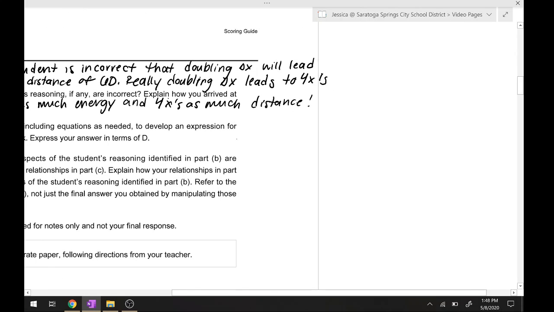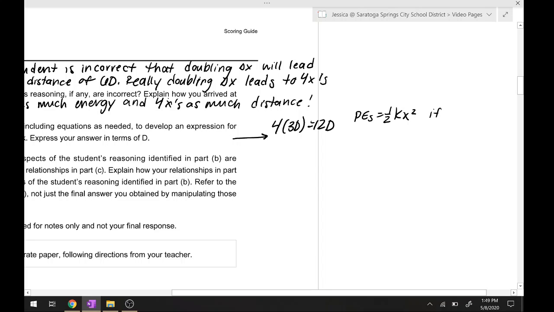Okay. Now, what a lot of people were doing is they were going right to 4 times 3D equals 12D. But that doesn't really show anything. Okay, it doesn't show that you know why these things are connected. So the first thing we would want to do is say that spring potential energy is 1/2 kx squared.